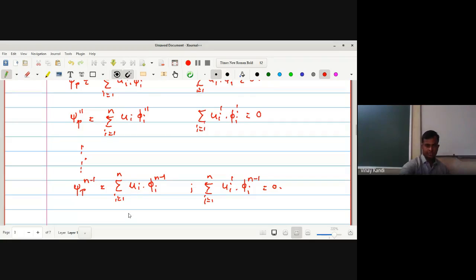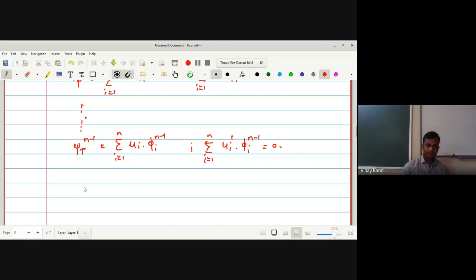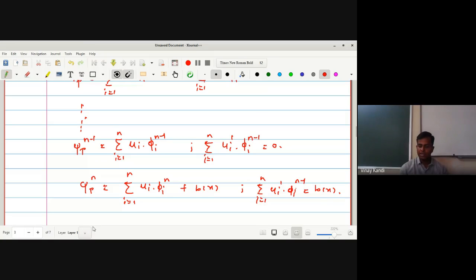And the last one is psi p raised to n is equal to summation I running from 1 to n, ui into phi I raised to n, plus b of x, where this b of x is nothing but summation I running from 1 to n, ui dash into phi I raised to n minus 1, is equal to b of x. OK, any doubt up to here?